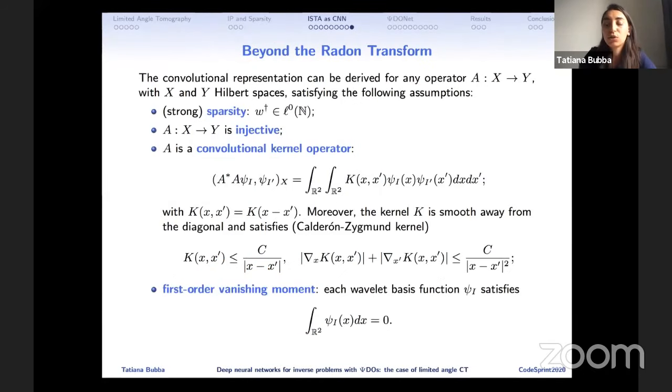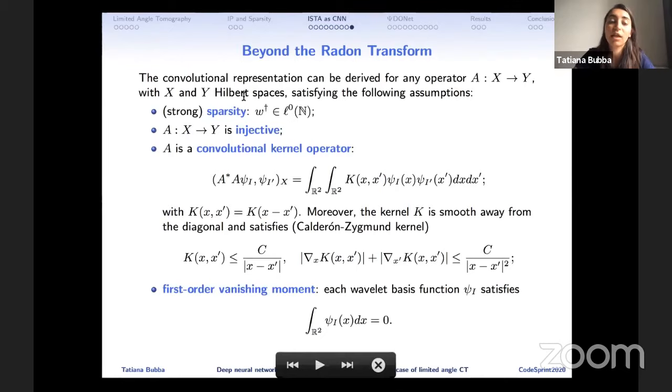Then what I told you up to now actually applies to any operator that satisfies certain properties. I told you the story about the limited angle tomography, but you can consider any operator A between two Hilbert spaces, and these are the assumptions you need to prove the same result.